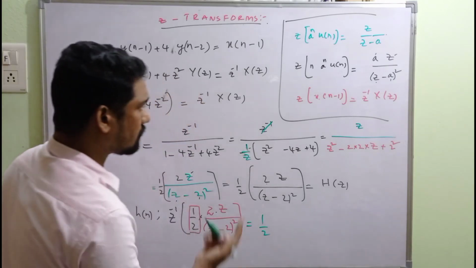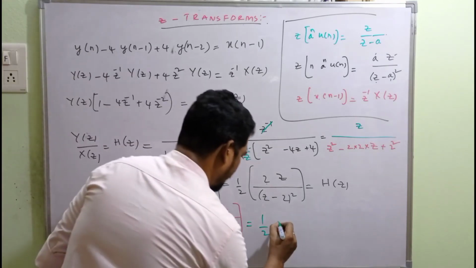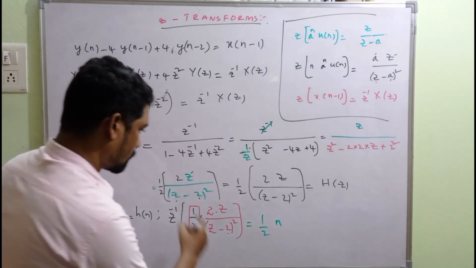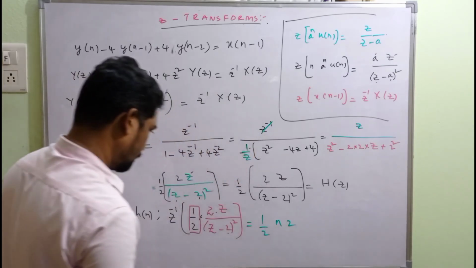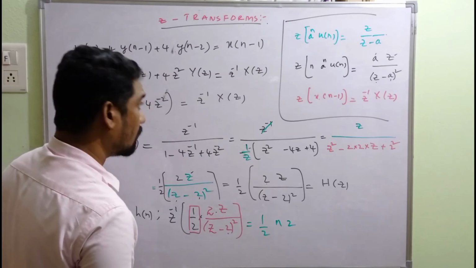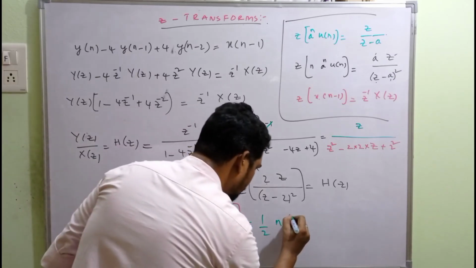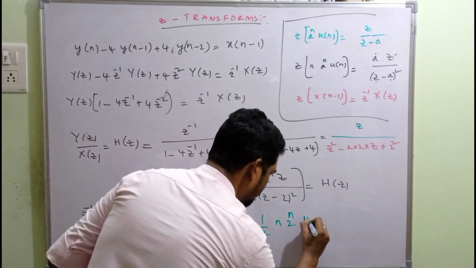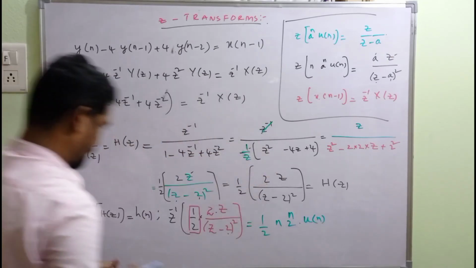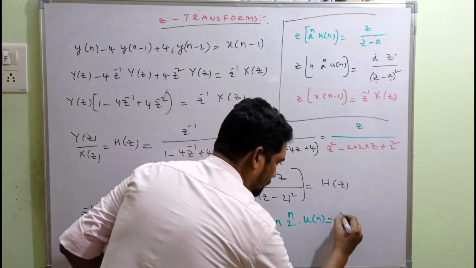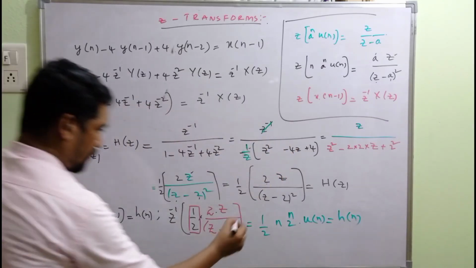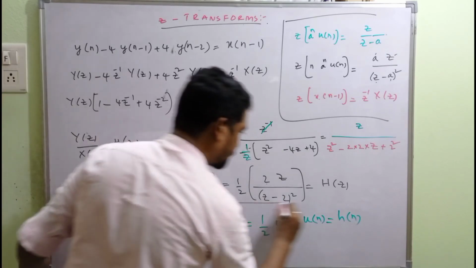How to write that one? n times, what's our a? It's 2 raised to n, u of n. This is h of n, which we are in search of, making use of the properties.